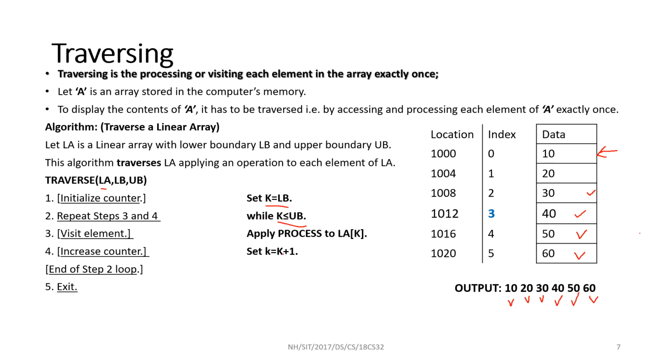When k becomes 6, the condition is false, since 6 is not less than or equal to 5. The program stops. We get the result: 10, 20, 30, 40, 50, 60, all the elements of the array.